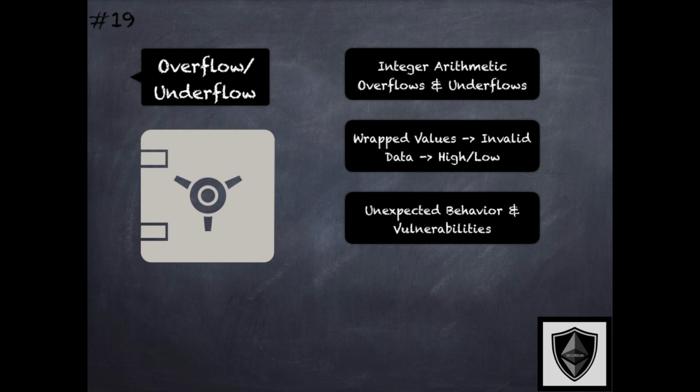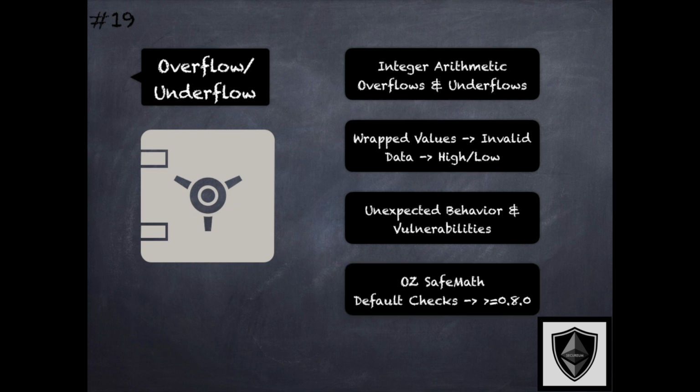And we have seen multiple vulnerabilities and exploits related to overflow and underflow historically. So the recommended best practice is to use the safe math libraries from OpenZeppelin that enforce the overflow and underflow checks during integer arithmetic, or to use the latest Solidity versions greater than or equal to 0.8.0 that introduce checked arithmetic by default.